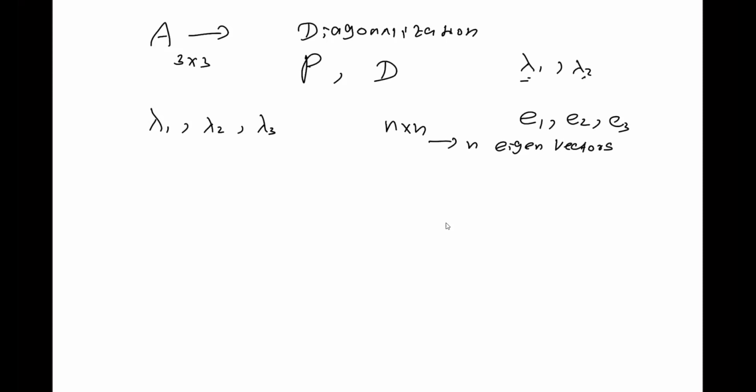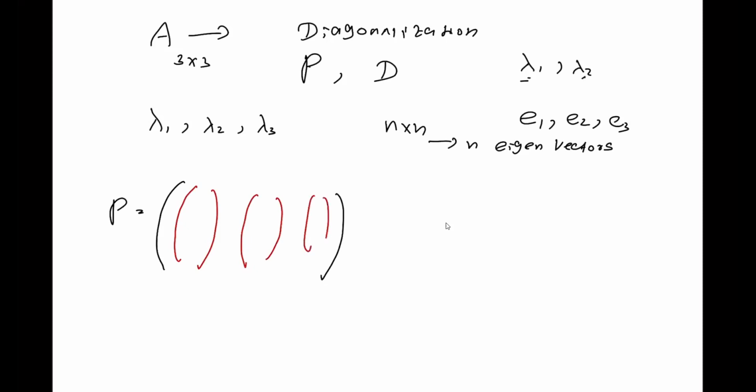Then you have to write this P matrix. The key is you have to write your eigenvectors as columns. Let's say this is the eigenvector corresponding to lambda 1, this is the eigenvector corresponding to lambda 2, and this is the eigenvector corresponding to lambda 3.